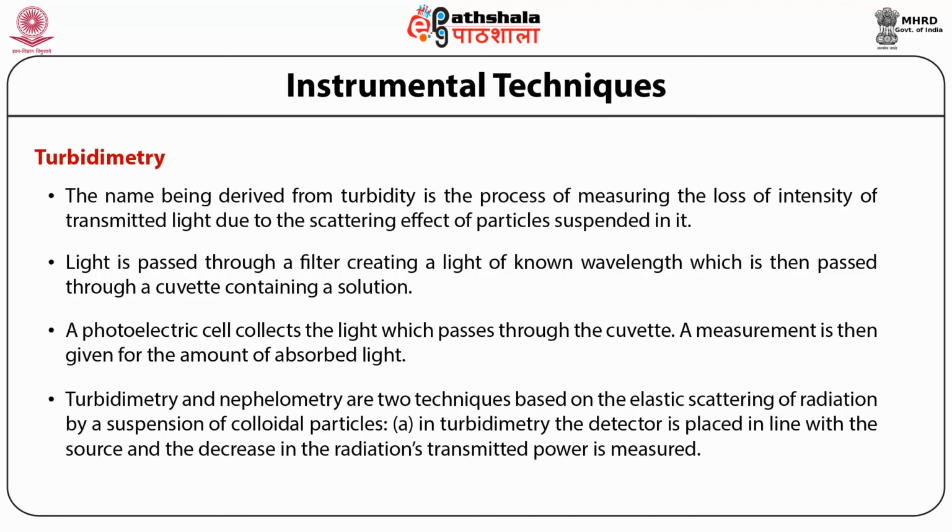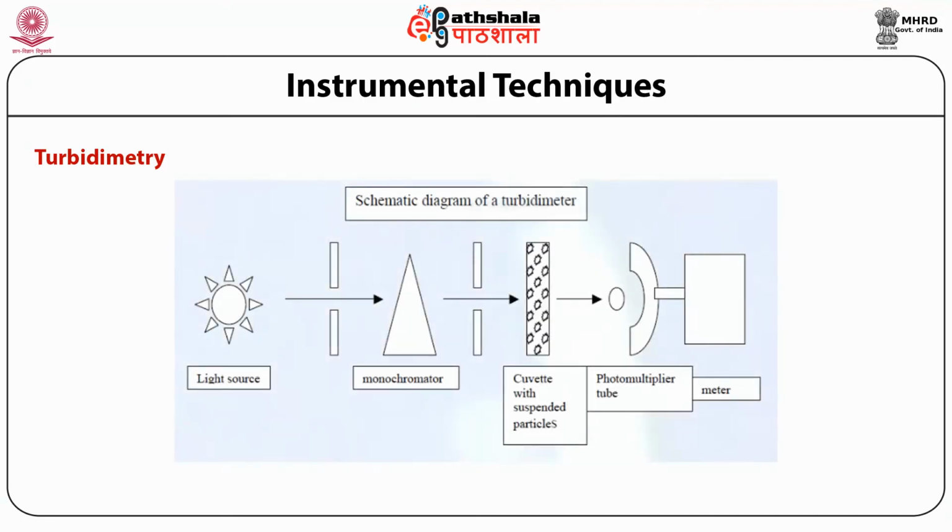Here is the schematic diagram of the turbidimeter, where the light from the source passes through the monochromator, which removes the extra scattered light so that only the desired wavelength passes through the cuvette with the suspended particles.